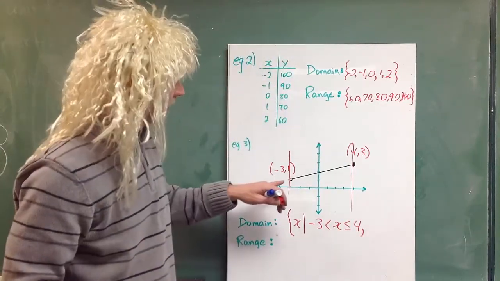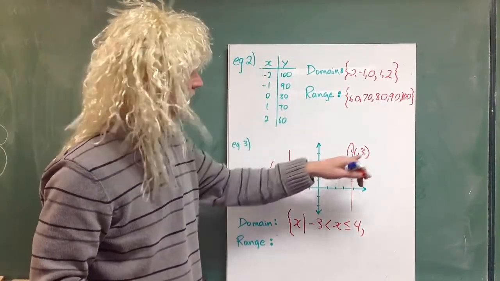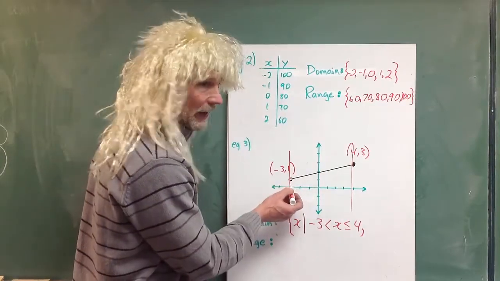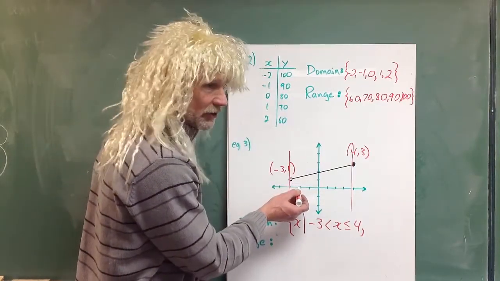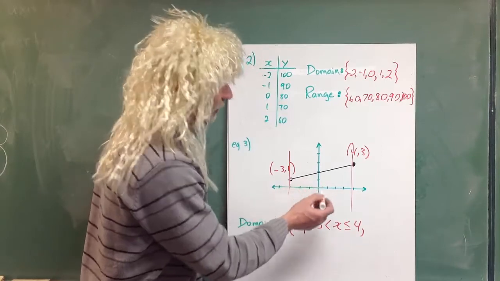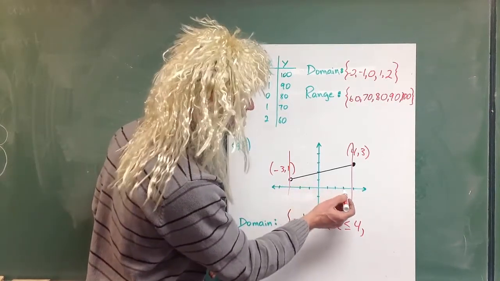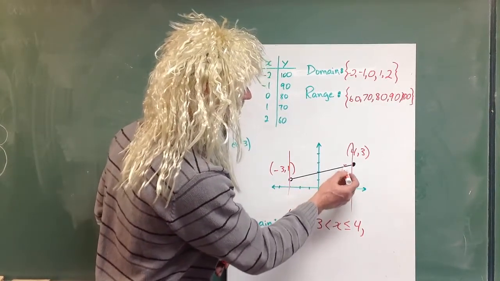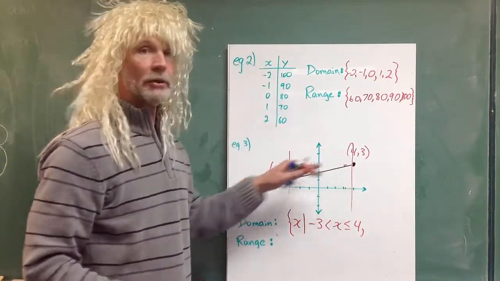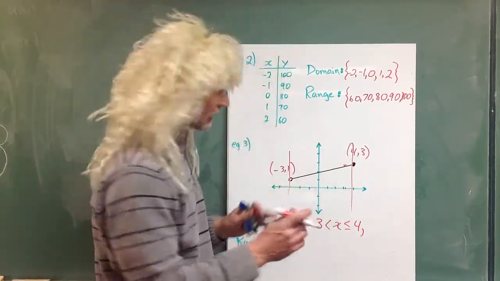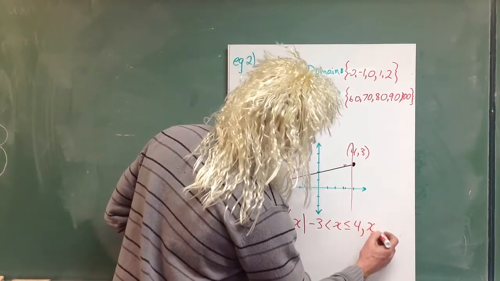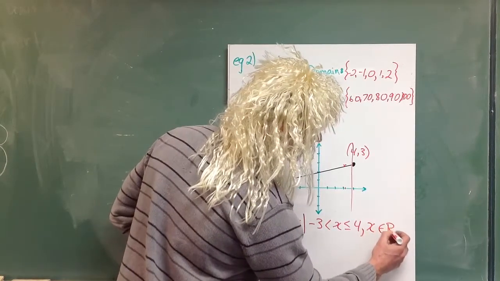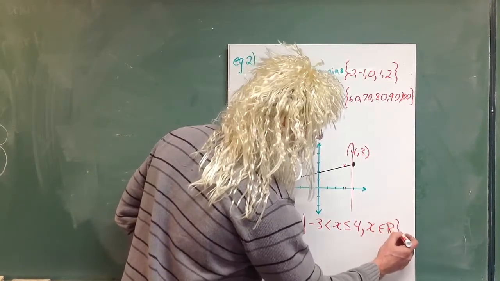Comma, and because it is a continuous line, that includes -2.9 repeated, and -2.5, -2.1, all those values in between, even a value for pi here, 3.14 would be about there. So it could be any real number in there. So there's where the restrictions apply. So we say x is in the set of real numbers, or an element of the real number set.